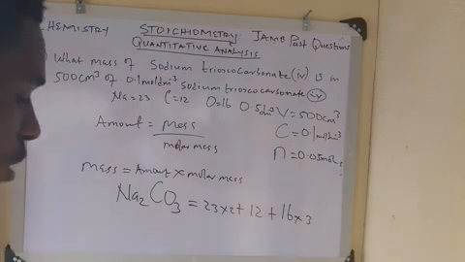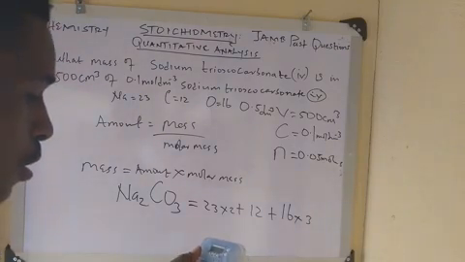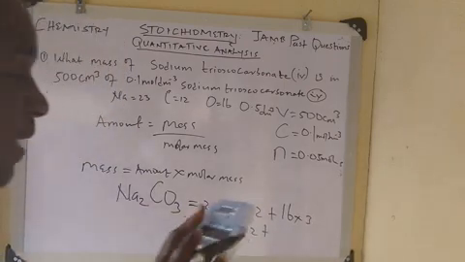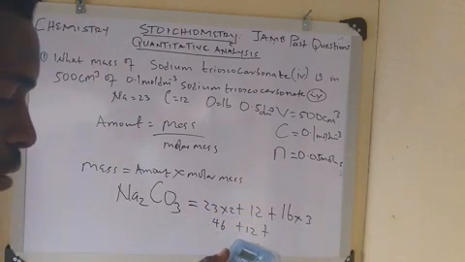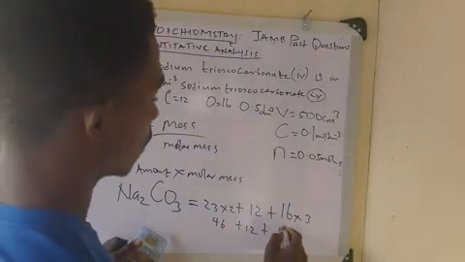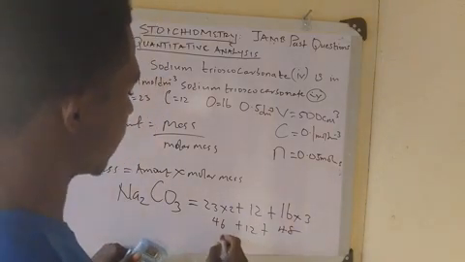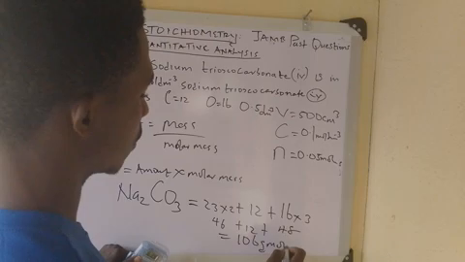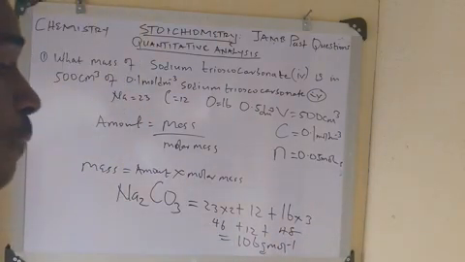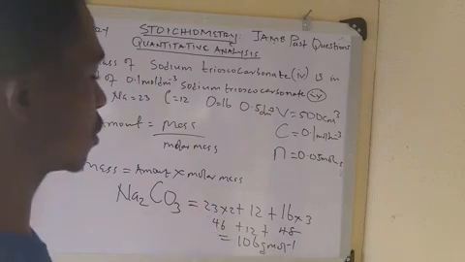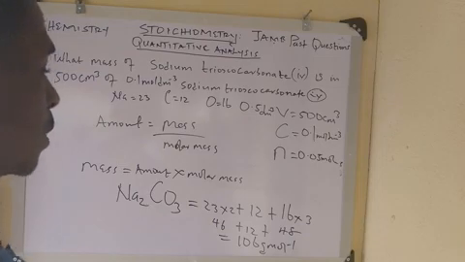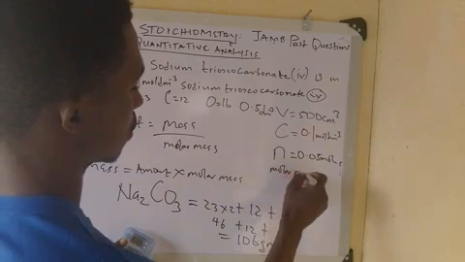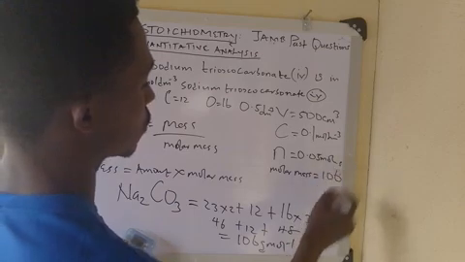So let's do it together. 23 times 2 is 46, plus 12, plus 16 times 3, which is 48. So if you add everything here, it's going to give you 106 grams per mole. So the unit of measurement of molar mass is grams per mole. So now our molar mass is equal to 106.